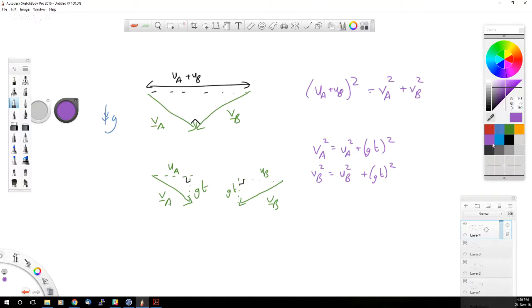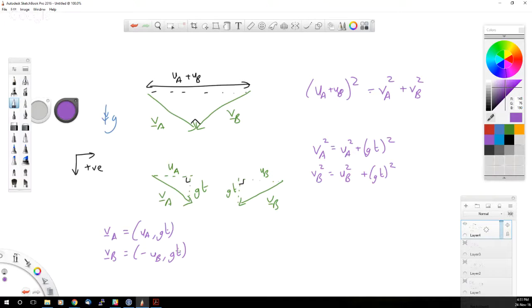The other way of doing it is by vector notation, in which case we can write VA as (UA, gt). So I'm taking these directions as positive, and then VB equal to (minus UB, gt) because it's traveling in the opposite x direction.